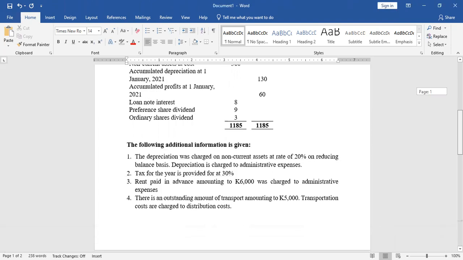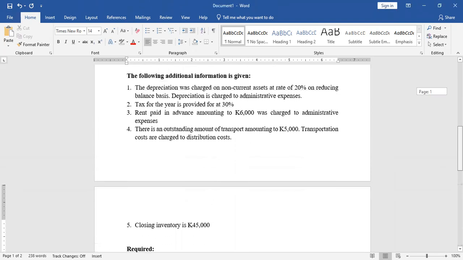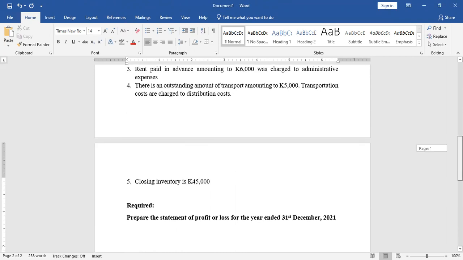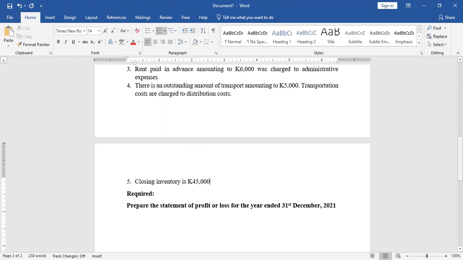And then after the trial balance, we are given additional information that we should take into account to help us prepare what the examiner is asking for. There is a required here. Required: prepare the statement of profit or loss for the year ended 31st December 2021.